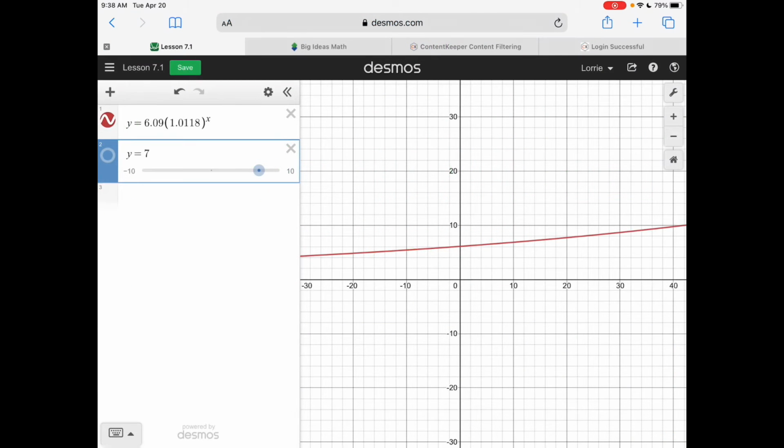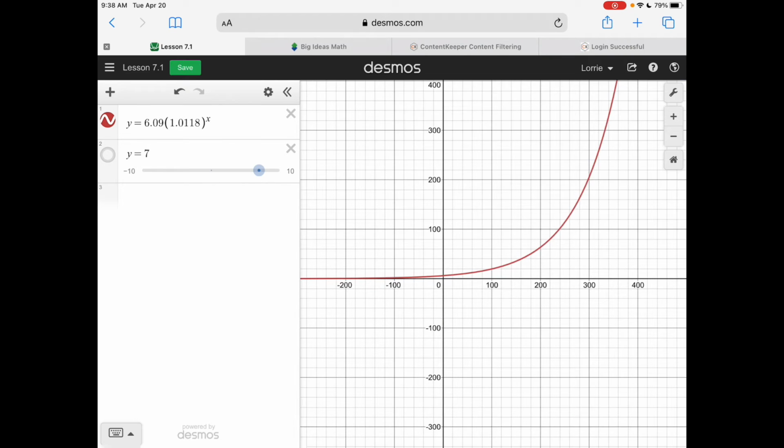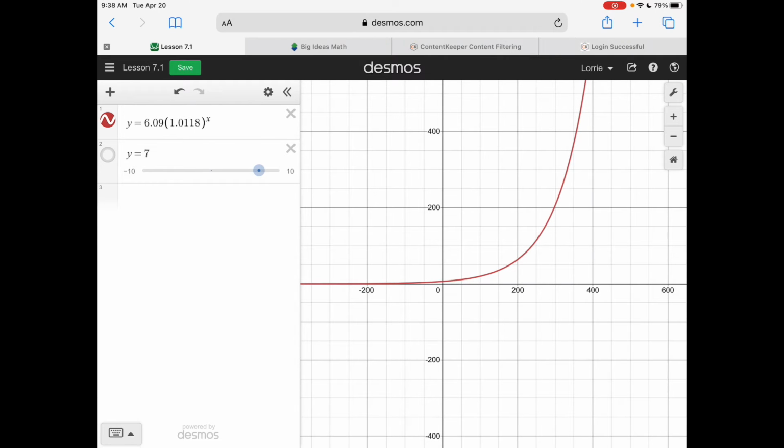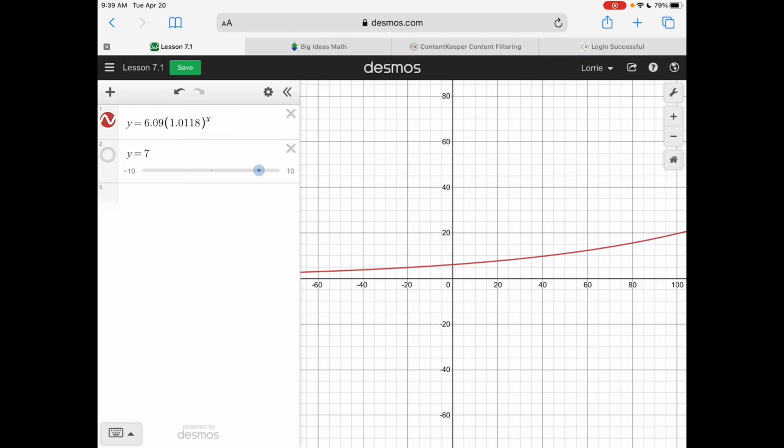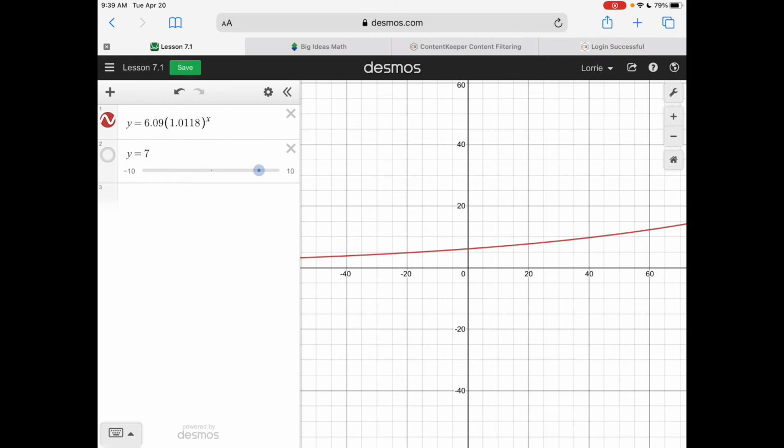Here we are in Desmos, and I've put in my equation, again using an x instead of t. This graph looks fairly flat from this angle, but if you zoom out, you can see that it does start to rise pretty steeply. And we wanted to know when y was 7, what is our t value, or our x value.